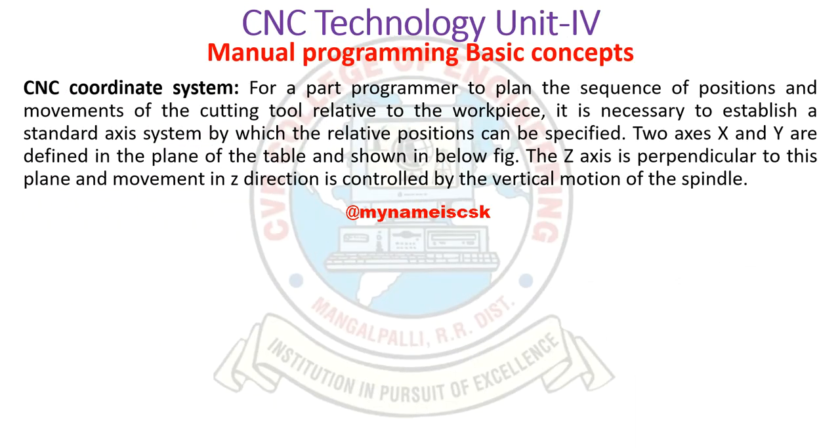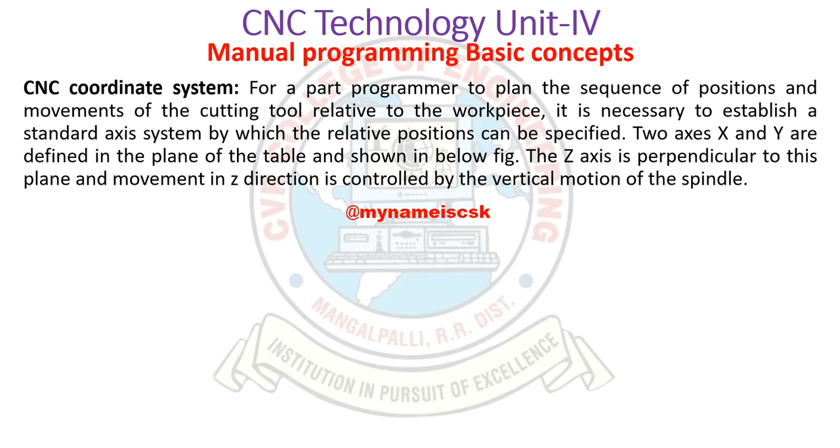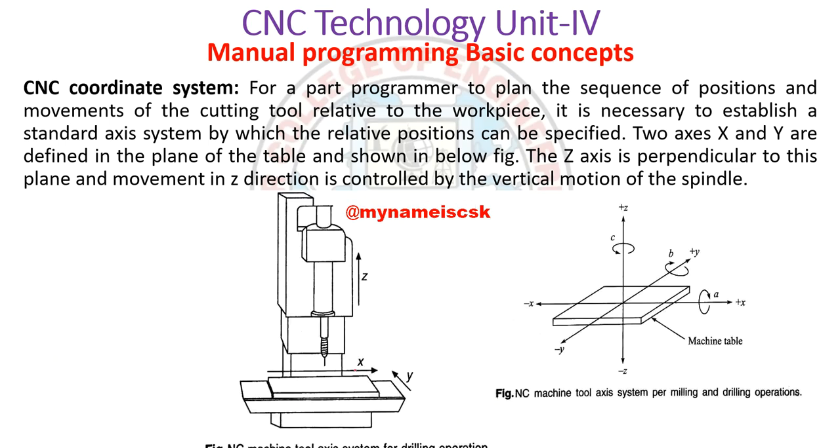So, manual programming. First we have to know what is meant by the CNC coordinate system. This is the coordinate system for a drilling machine, and this is the coordinate system for milling; the milling one can be considered for milling and drilling purposes.